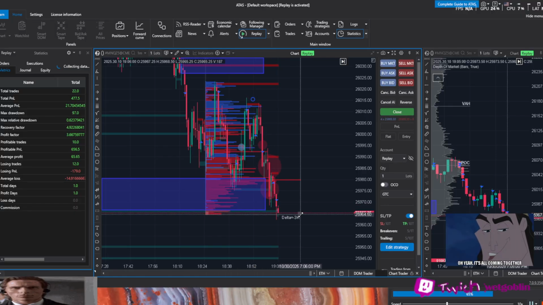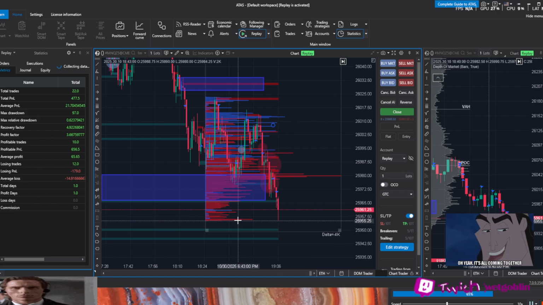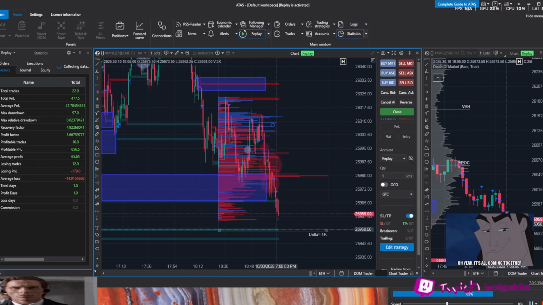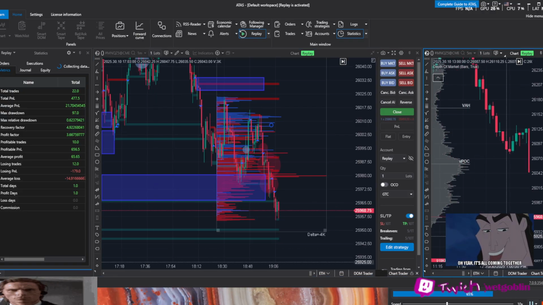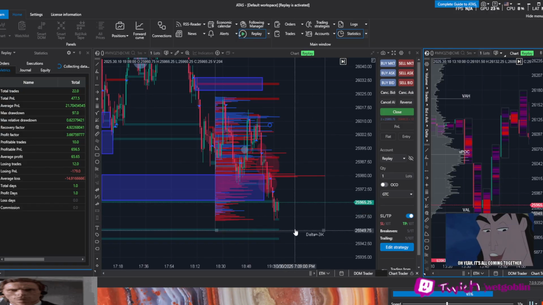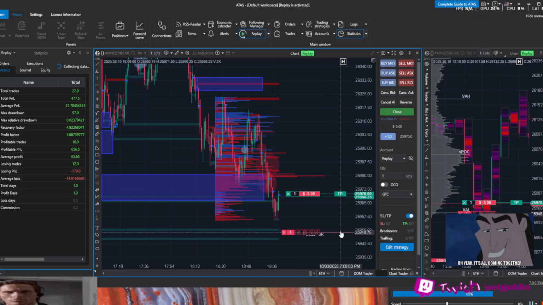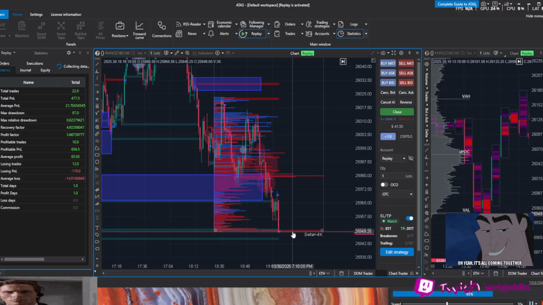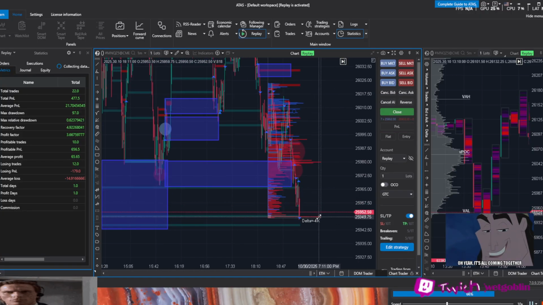Yeah, so sellers are making some ground. Maybe big bid again. What is this level though? A lot of volume right here. Okay. Oof. Okay. So let's chill out a little bit. Sellers are definitely getting aggressive.